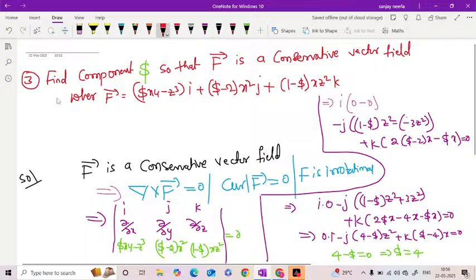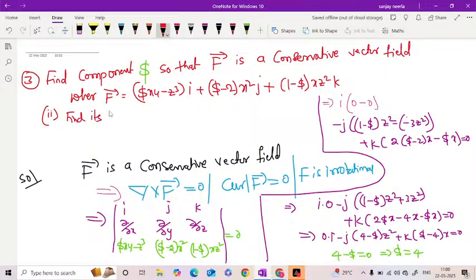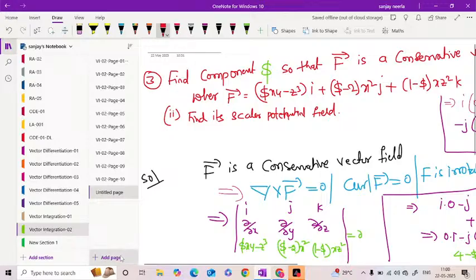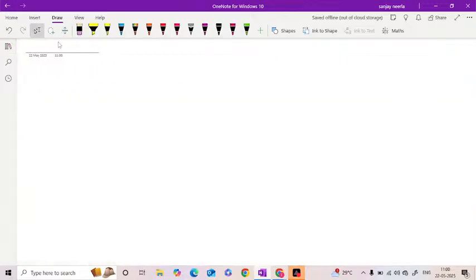Our second sub question is, find its scalar potential field.